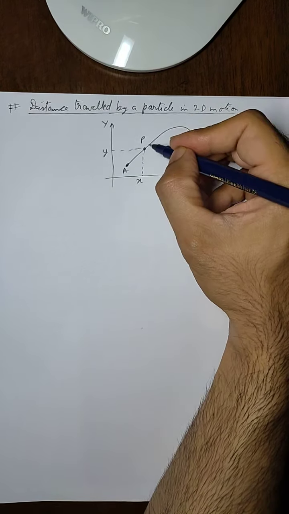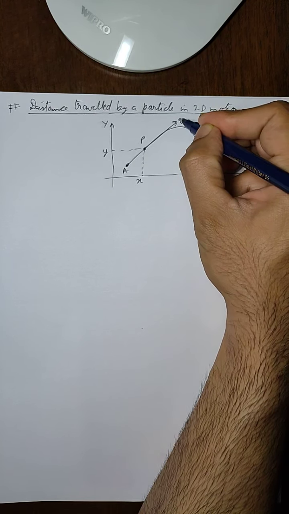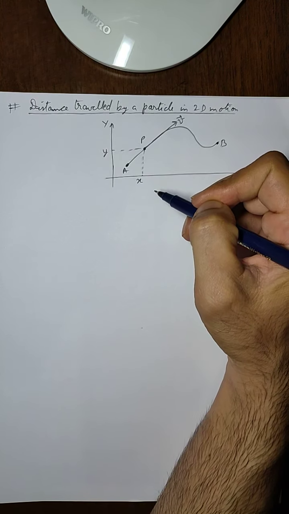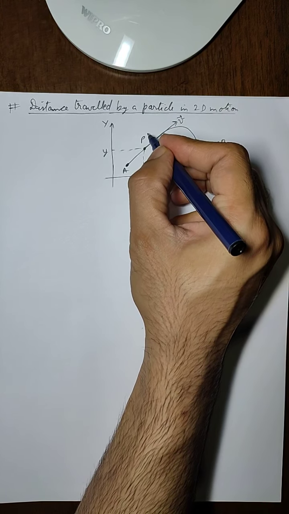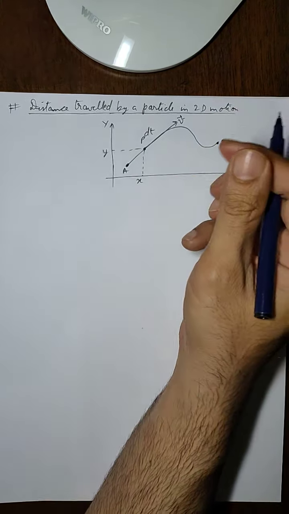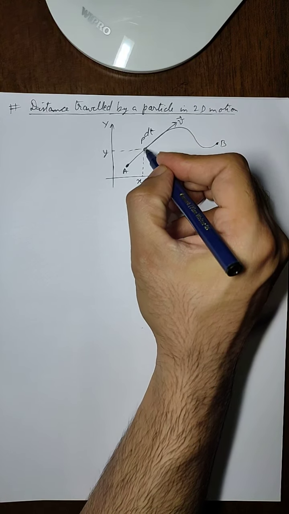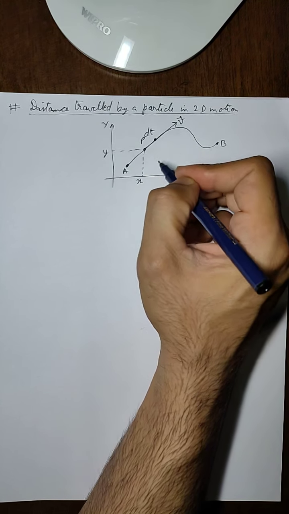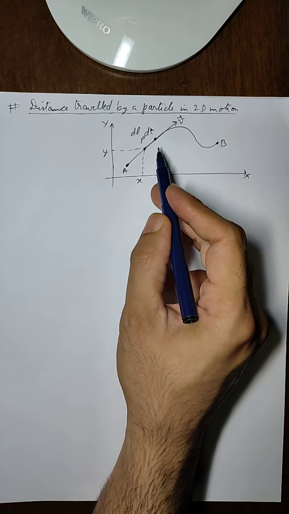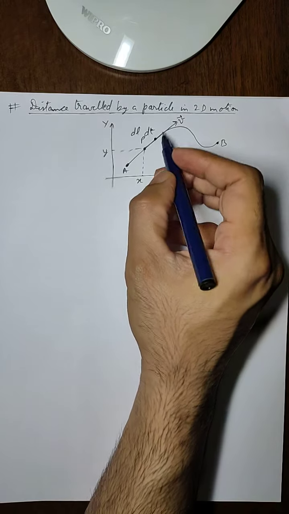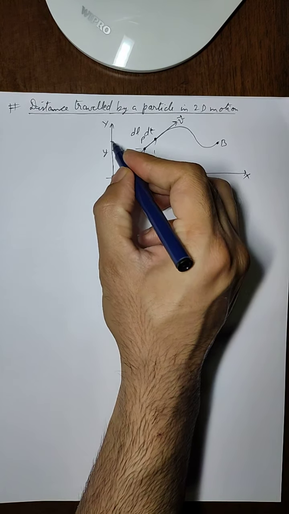Now the particle is moving, so it will have some velocity vector which will be given by the tangent at point P. Because of the velocity, let us say that in a small time dt, a very small time, the particle comes to a new position by covering a path length of dl.